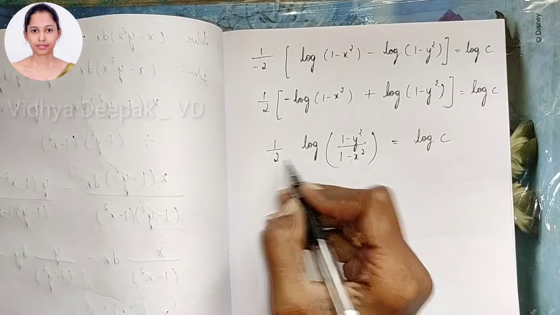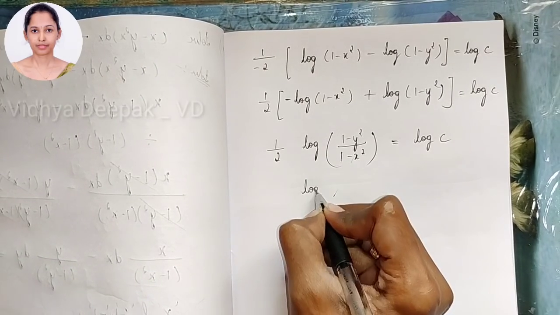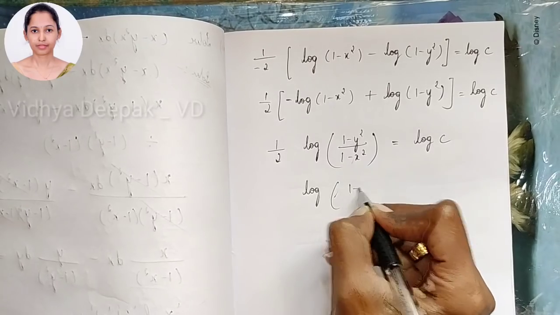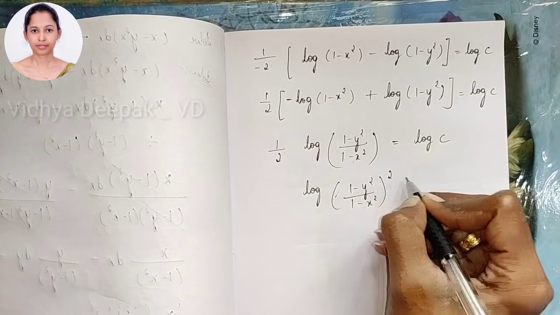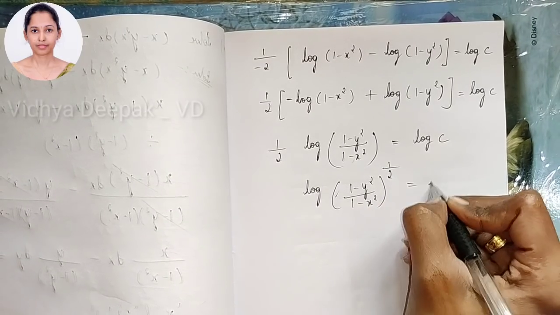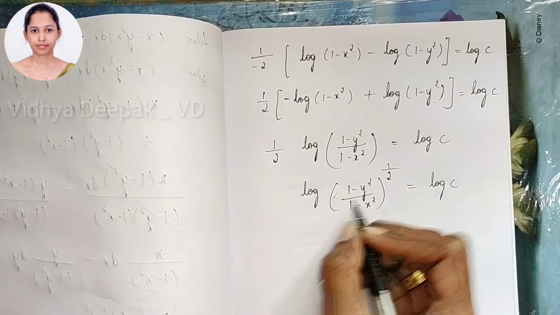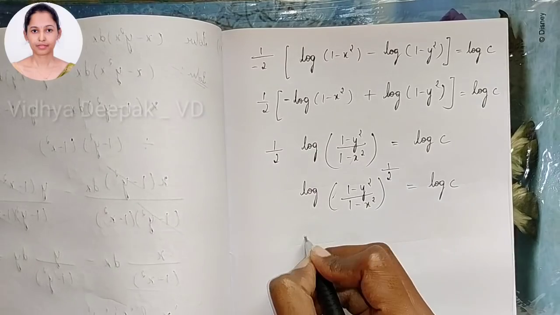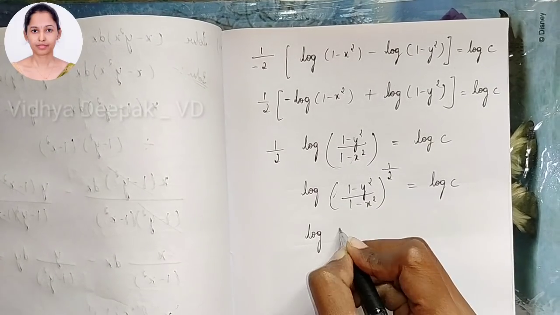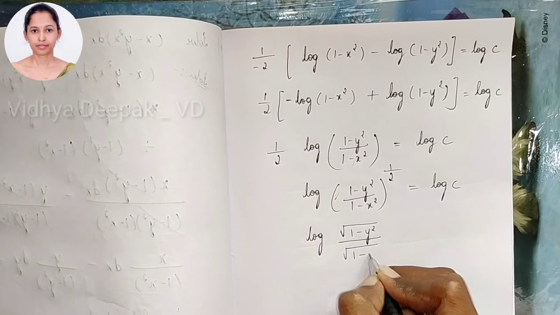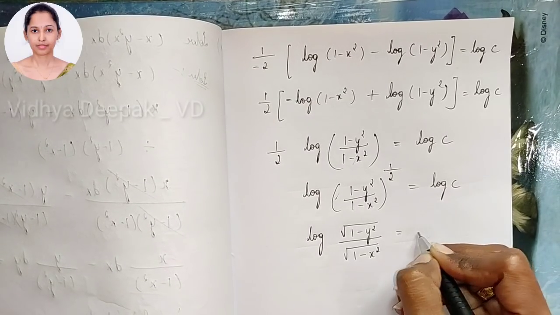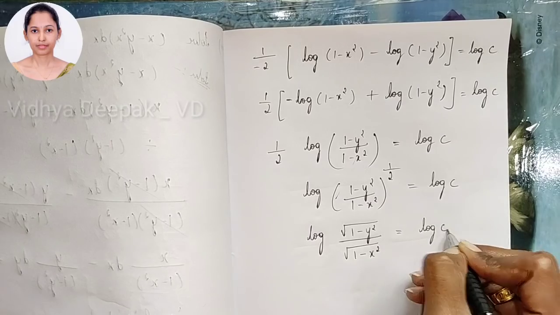This is of the form n log m, so this can be made as the power: (1 − y²)/(1 − x²), the whole power 1/2, is log c. This is nothing but a square root, right? So this can be written as log of √(1 − y²) divided by √(1 − x²) is equal to log c.